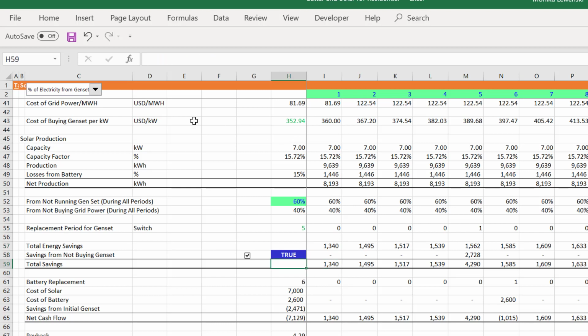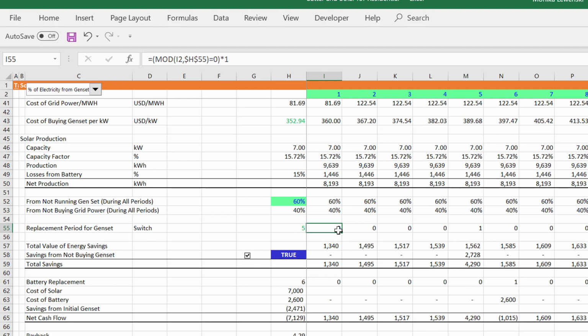Now, the final thing is we get our total energy savings, and we multiply those energy savings by the rates, so that's the total real value of the energy savings. Okay, and then we also might have some savings from not buying a genset, and that depends on how long the life of the genset is.